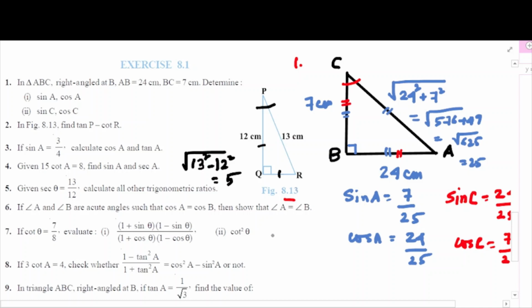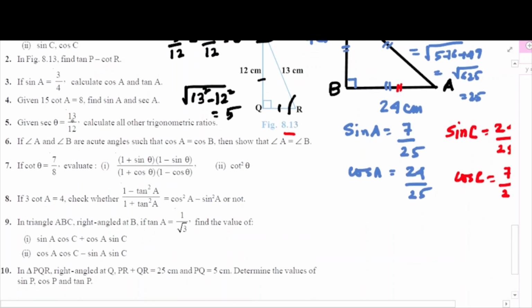So it will give us 5 by 12 minus, next one is cot R. So for this one, PQ is the perpendicular, QR is the base. So base by perpendicular. So again we'll get 5 by 12. So the value is 0 for question number 2.